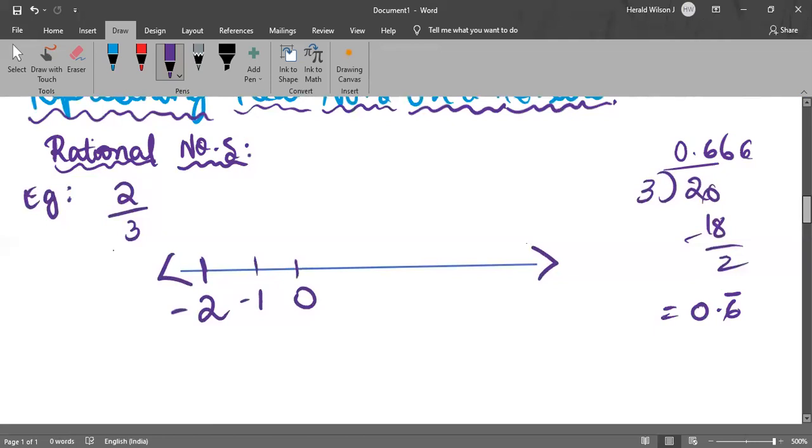So that means now what you need to do is leave a big gap starting from zero, and write 1 here. I'll tell you why. Then the very next thing, since you have understood that between 0 and 1 we've got 0.6, you need to make divisions according to the number in the denominator.